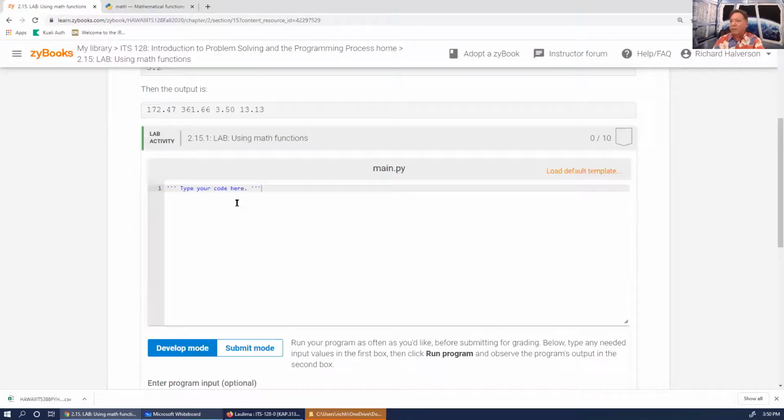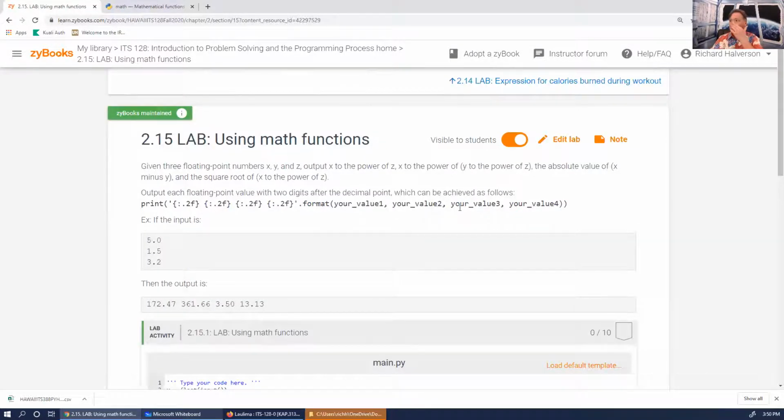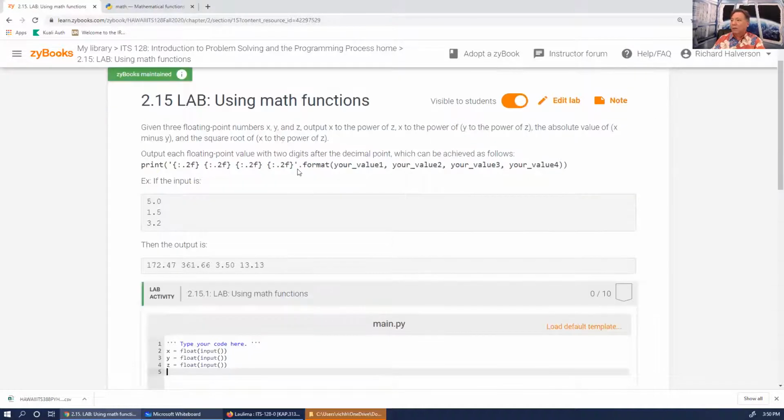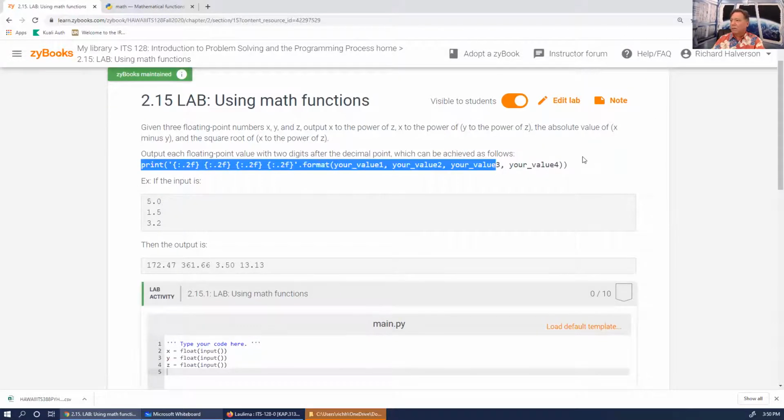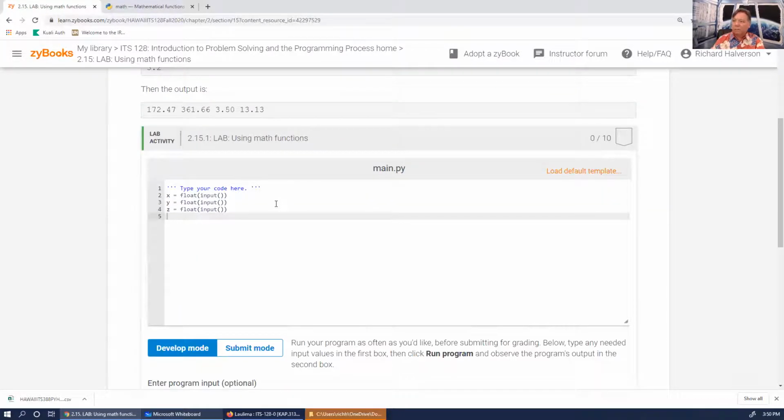And I'm going to input the stuff. X equals float input, y equals float input, z equals float input, and we're going to print out this somehow. Copy this and paste it down here. And we got four of these.